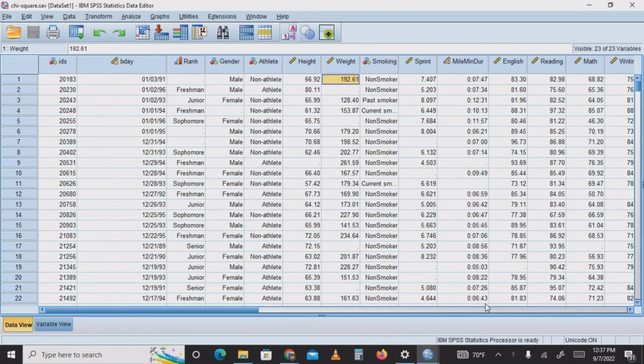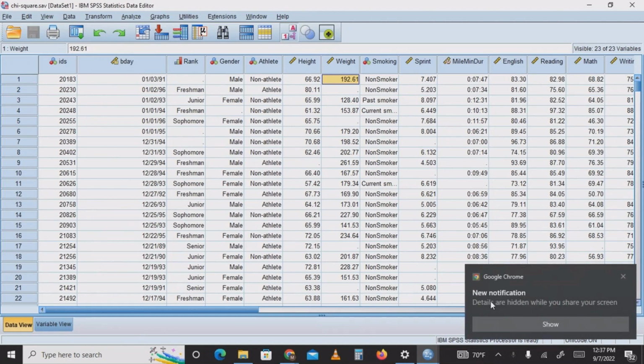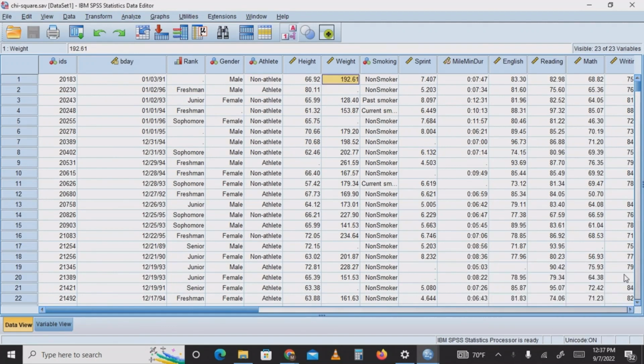In today's class, we are going to be looking at how to use SPSS to solve mean hypothesis. Remember when we were doing our theory and Excel, we said that we have three main types of mean hypothesis: the independent two sample t-test, dependent sample t-test, and one sample t-test.